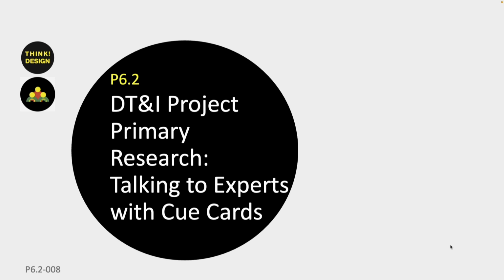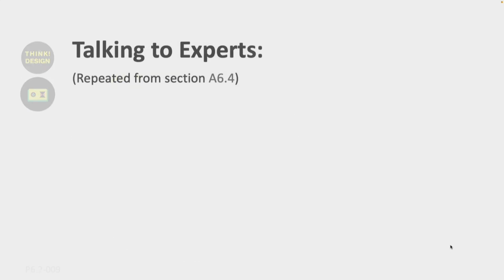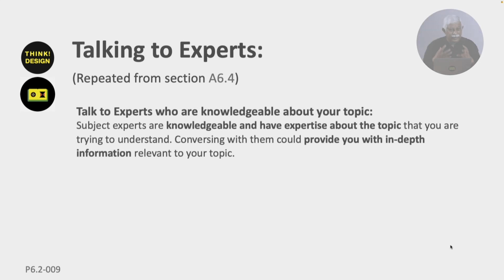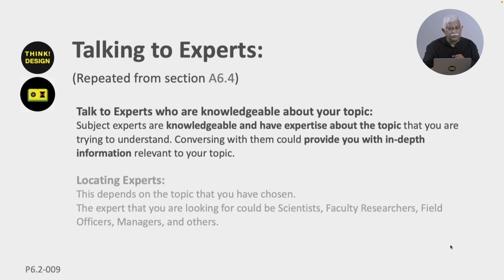Let's have a look at the aspect of talking to experts by making use of a tool known as cue cards. So if you look at experts, they are knowledgeable about your topic. They are subject experts, and if you talk to them or converse with them, they could provide you with in-depth information, especially that which is relevant to your topic.